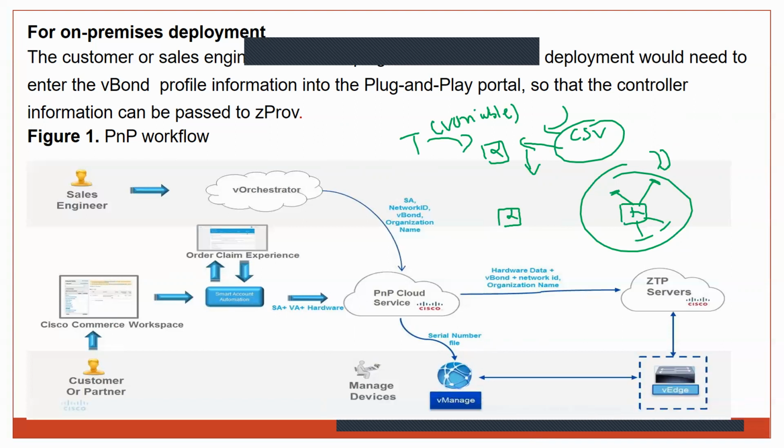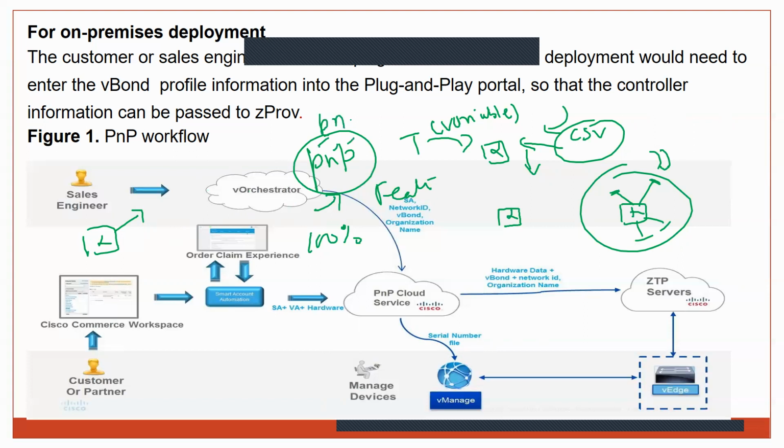And that's why long back we had a discussion about PNP, plug and play. This is a plug and play feature. This is not 100% automation, because 100% automation means that you are not touching anything. You connect the device and it comes into production, but still you have to do some touch points. So this is plug and play, not plug and deployment.